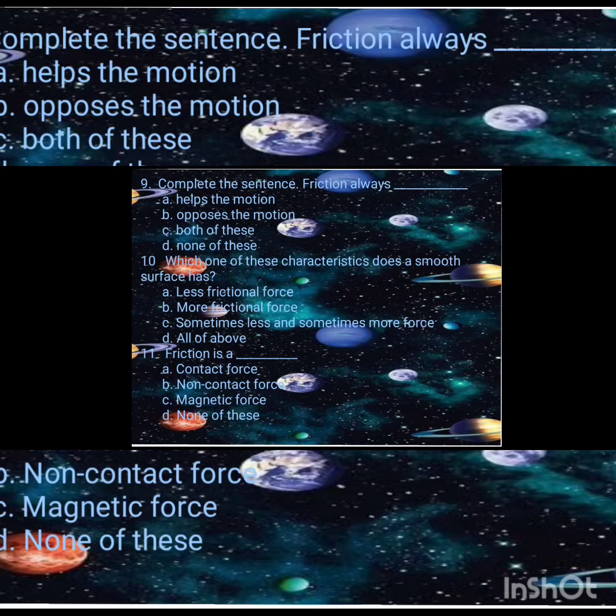Next one, friction is A. Contact force, B. Non-contact force, C. Magnetic force, D. None of the above. You are having 5 seconds. 5, 4, 3, time up. What's the correct answer? The correct answer is A. Contact force.